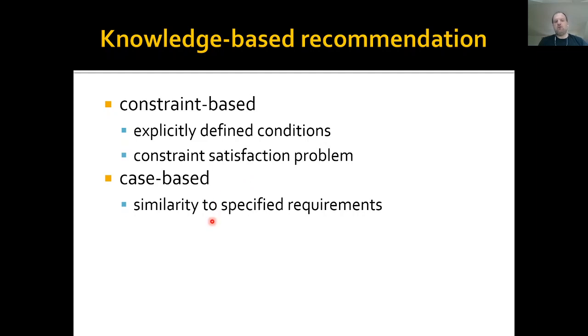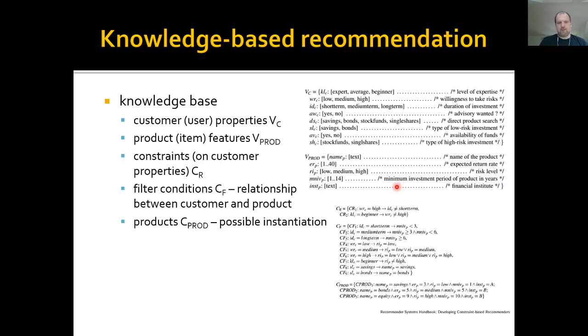So we have some good examples and we relate to these examples, so we measure similarity to the case of what we recommend. In this sense, it's a bit similar to content-based recommendation, but it's more complicated because we measure the similarity to the knowledge, not to the individual items.